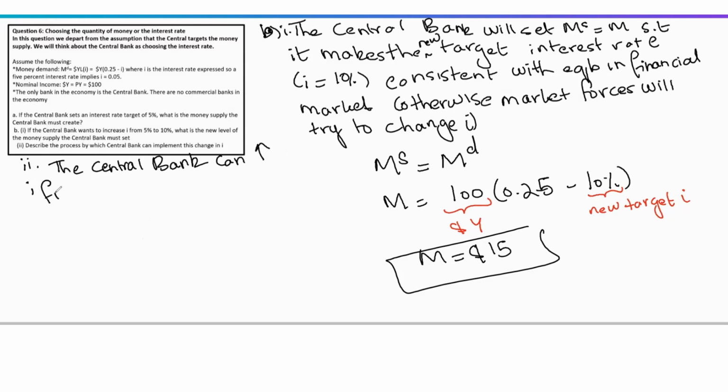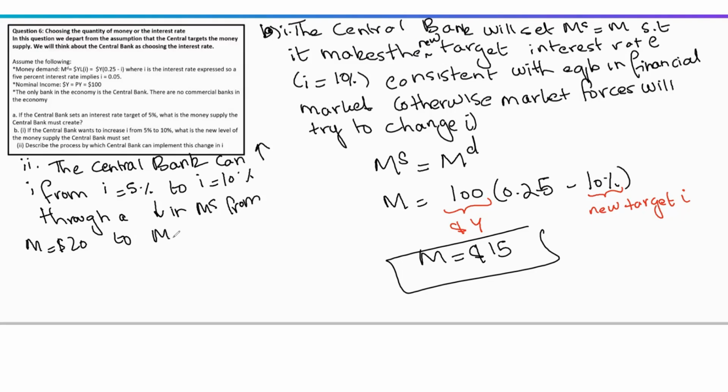So we saw the central bank can increase I from 5% to 10% through a decrease in MS from M equal to $20 that we found in part A to M equal to $15 in part B1 that we found. So in order to increase the target interest rate from 5% to 10%, the central bank will reduce the money supply from 20 to 15.